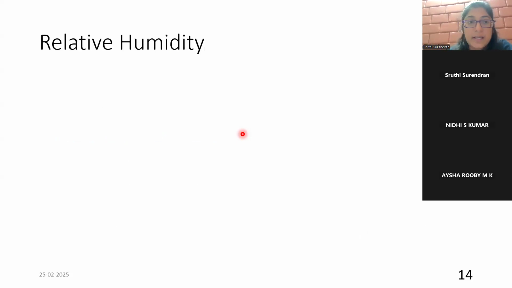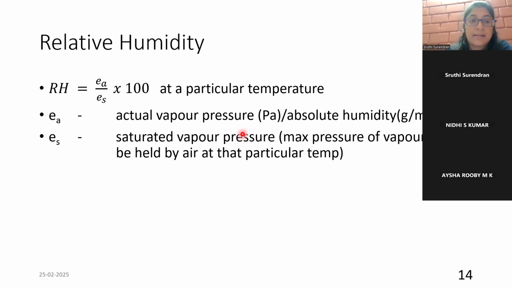So relative humidity is nothing but the actual humidity or the absolute humidity or the actual vapor pressure. So I will be using mostly actual vapor pressure. But like I said, this vapor can be talked in terms of mole fraction, in terms of pressure, in terms of grams per meter cube, or in terms of grams per kilogram.